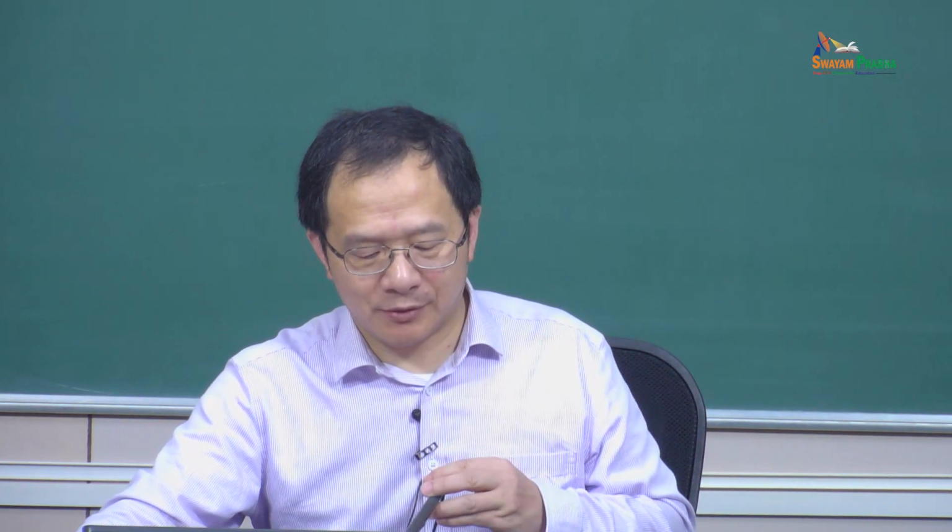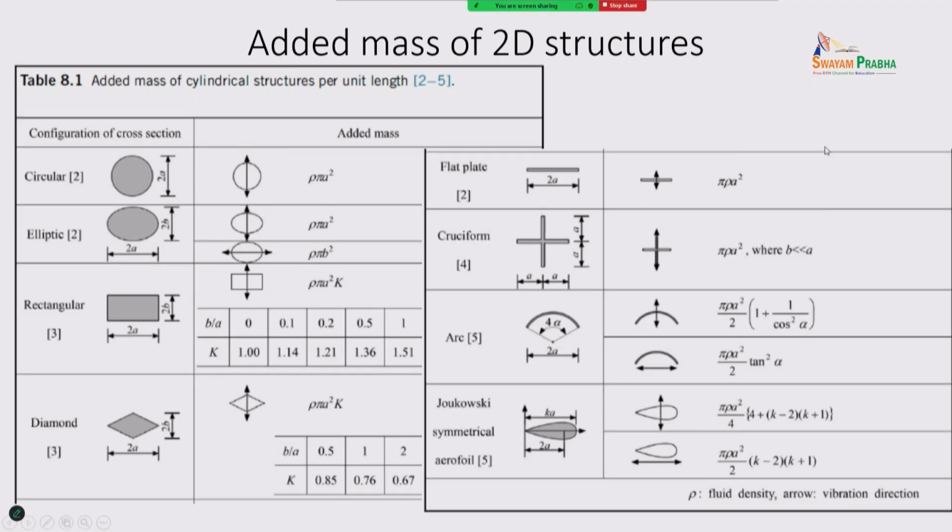You can have a diamond shape, whatever. You have a flat plate, and the added mass depends on which direction it moves, and then you can get this equation. So this is a two-dimensional structure.